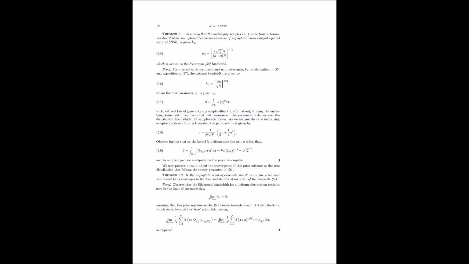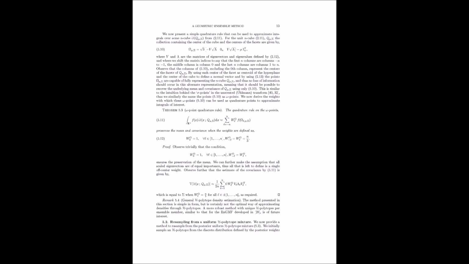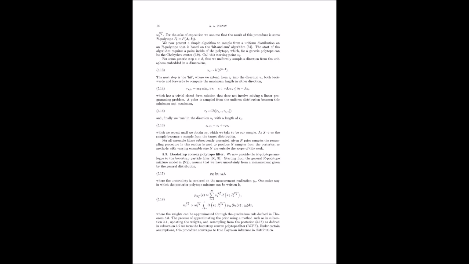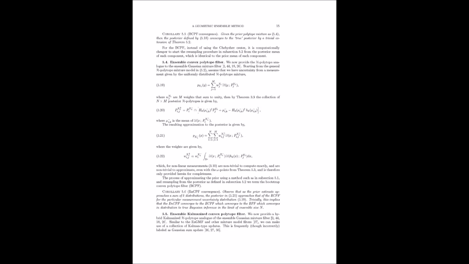Okay. And then they go on to discuss some of the key properties of these H polytopes. The first one being that the intersection of two H polytopes is also an H polytope. So if you have two of these shapes and you overlap them, the region where they overlap is also going to be an H polytope. Exactly. And that's a really important property for Bayesian inference because you're often combining information from different sources.